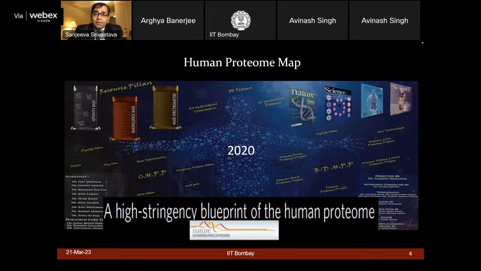Further, this work was continued, and during the COVID time, in November 2020, a big team of the Human Proteome Organization and Human Proteome Project, including our group from IIT Bombay, published a manuscript known as the High Stringency Blueprint of the Human Proteome in Nature Communications, which revealed 90.5% or 91% of the human proteome with very high stringency criteria.